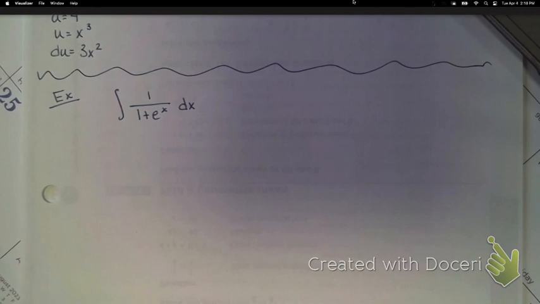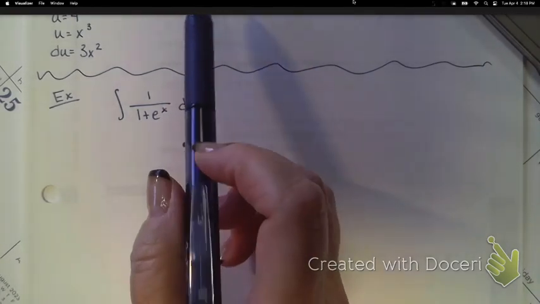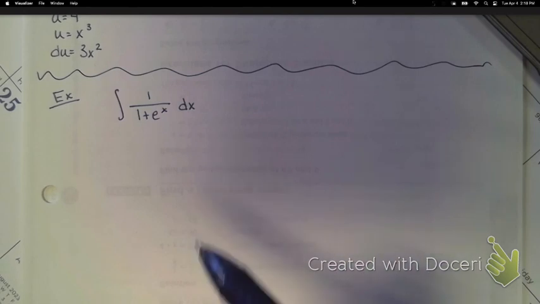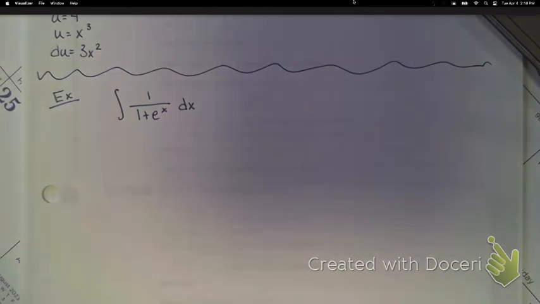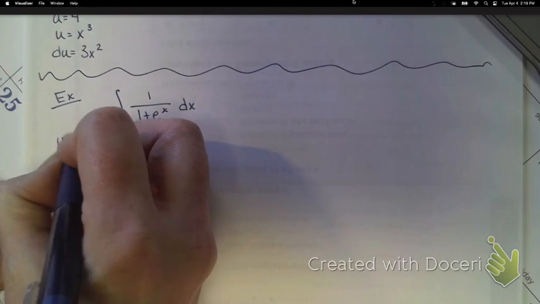Is it another trig one? No. Well, when I see a fraction, if I can't fit a trig one, I'm looking for a what? U prime over u, which would be logarithm. Okay, so if it was a logarithm, then what would u be? 1 plus e to the x.